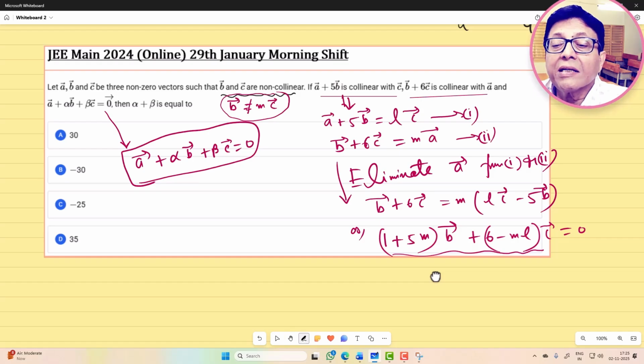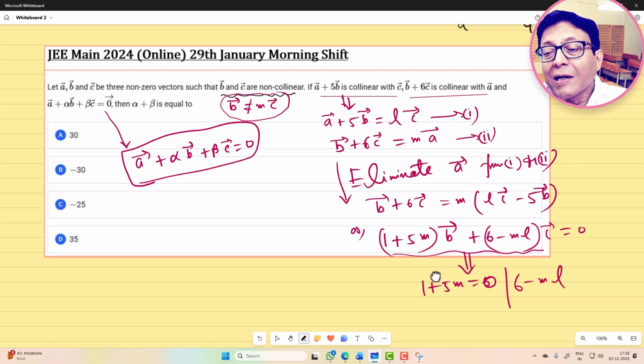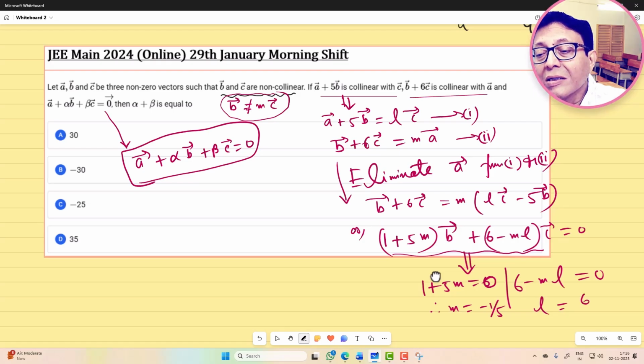So this can exist if and only if 1 plus 5M equal to 0 and 6 minus ML equal to 0. From here M is going to be minus 1 by 5 and L is going to be 6 by M, that is minus 30.